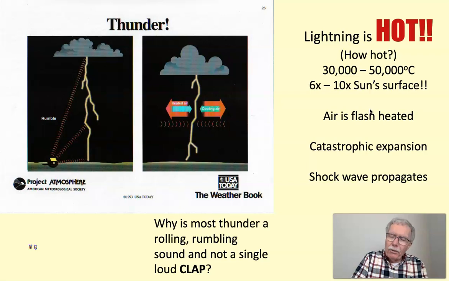But because sound travels so much more slowly than light, the person in the house hears the thunder from the nearest part of the lightning first, and then from the part of the lightning higher up toward the cloud. And so what that person hears is a rumbling sound rather than a single clap.